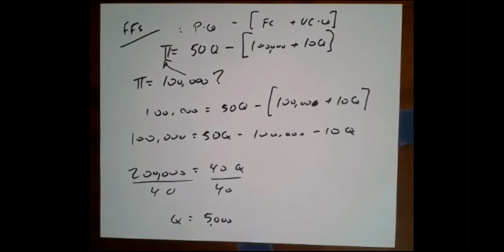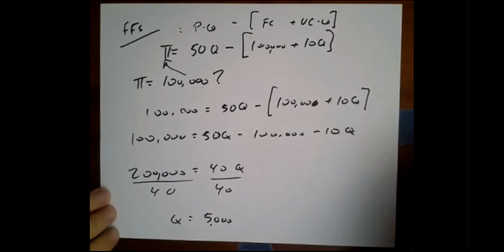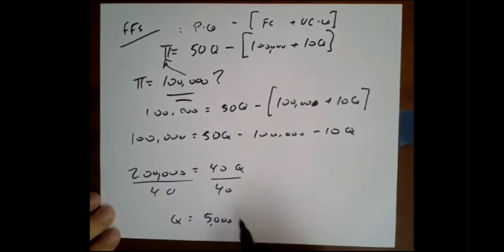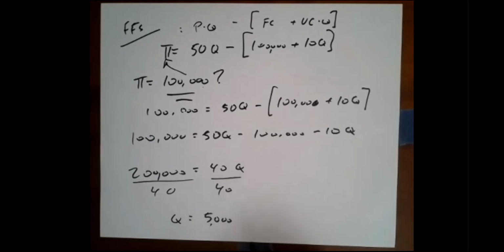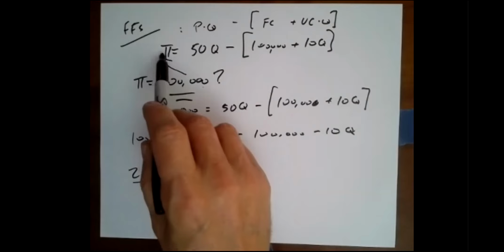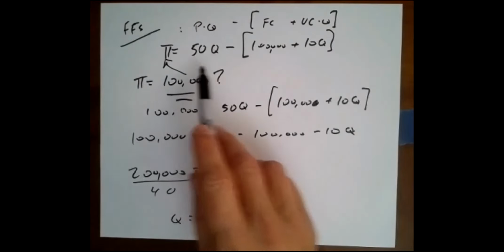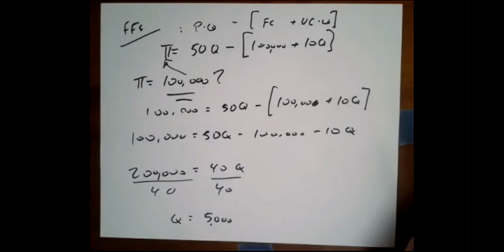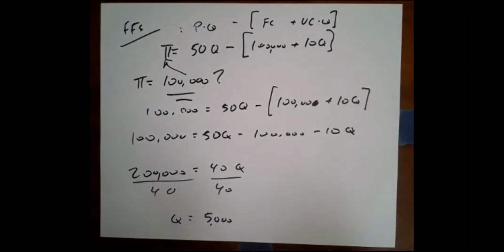So if I want to make a profit of 100,000, I would plug in the 100,000 profit target here, right, and then solve for Q.